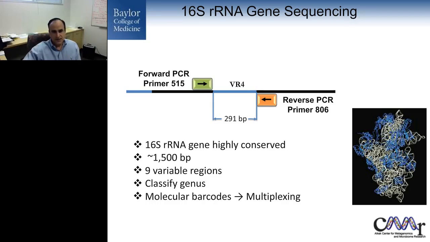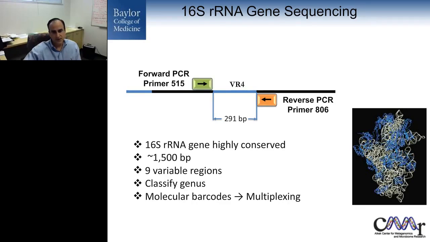And so this is amplicon sequencing. What I've depicted at the top is PCR primers hybridizing to the V4 region. Due to the nature of next generation sequencing and the capacity, we can pool multiple samples into one sequencing run.